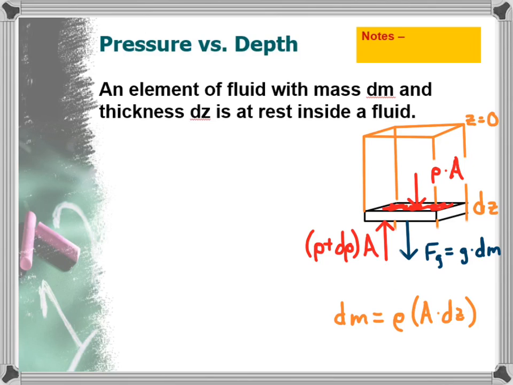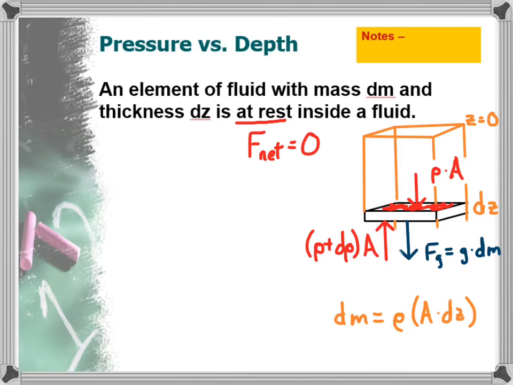So we're going to call that P plus dP times A. So dP is just a little bit more pressure than what's being exerted on top. The difference in these two pressures has to balance out this gravitational force. Since it's at rest, we know that net force is equal to 0. So let's write F net is equal to 0.